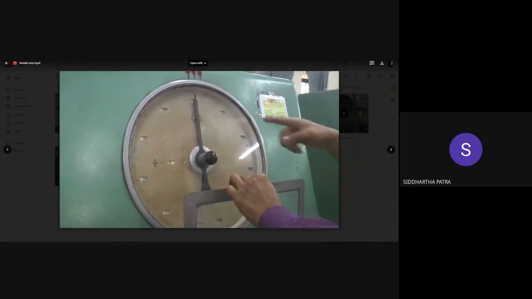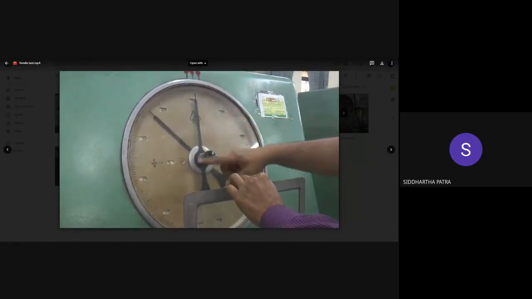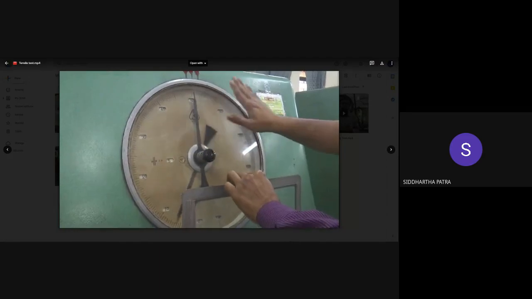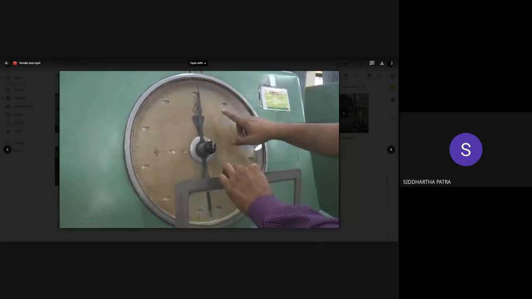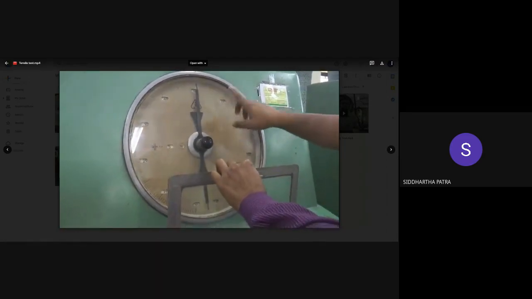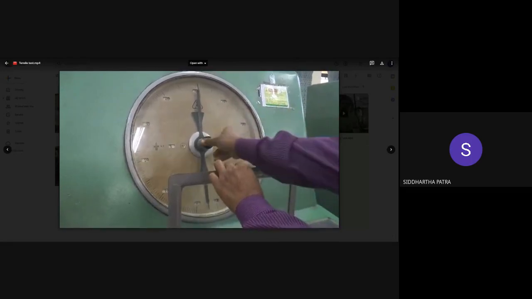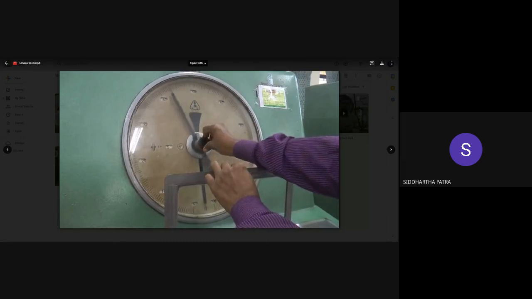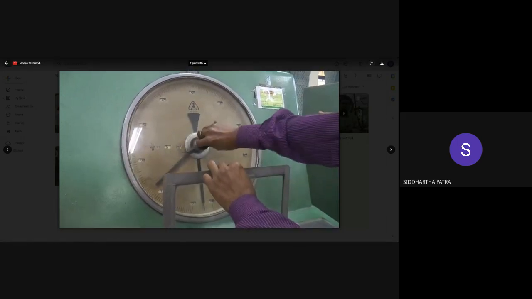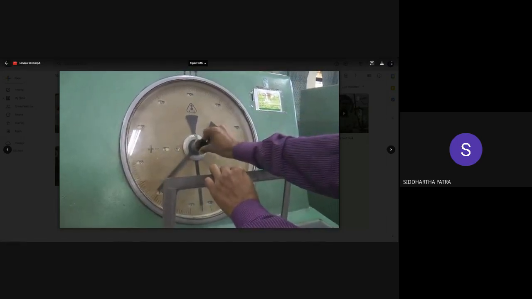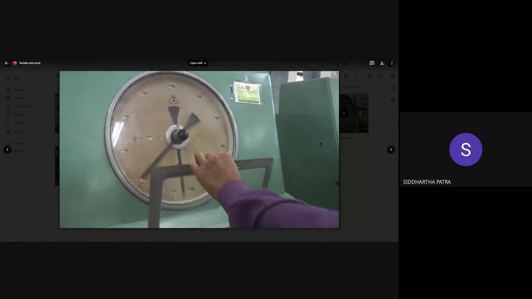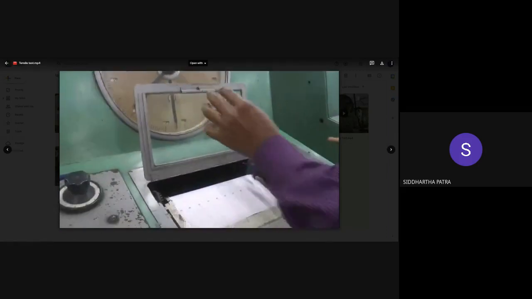But then when the moving one moves towards the left, the second hand becomes stationary at that location. That gives you the maximum value of the force in the entire loading period, and that maximum value ultimately gives you the ultimate tensile stress.